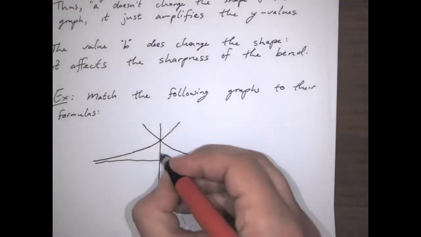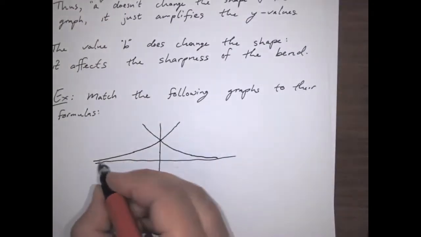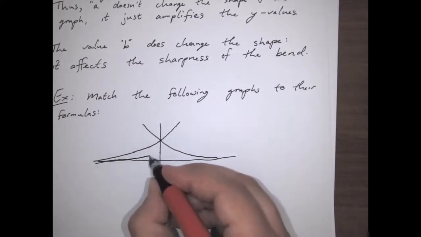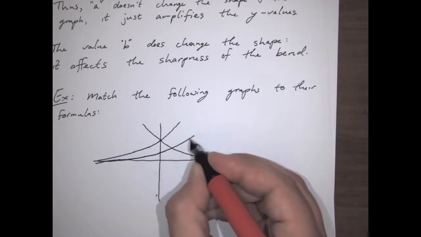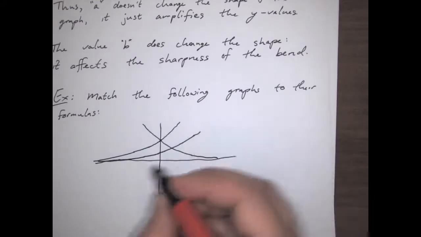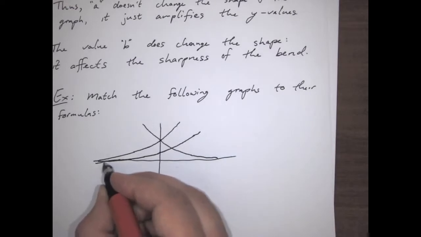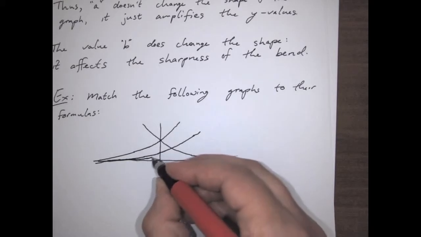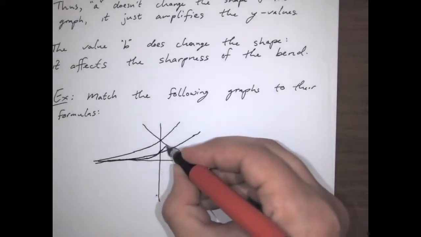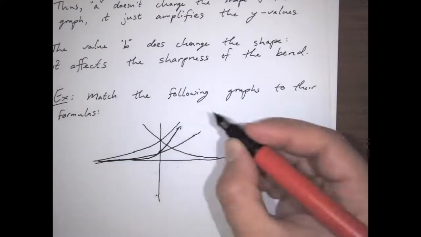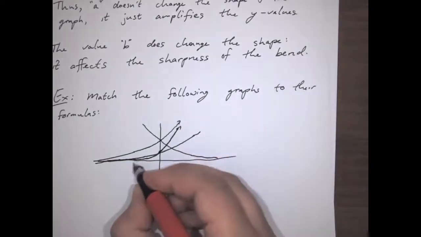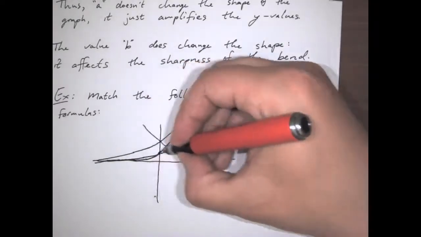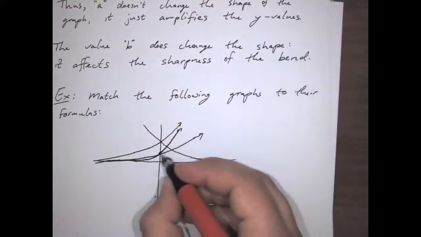And then let's say we alternatively also have a function growing gradually, like so, and a function that is growing more sharply. It can be a little hard to see the effects of the different b values on the decaying side of things, but on the growing side you can see a little bit better.